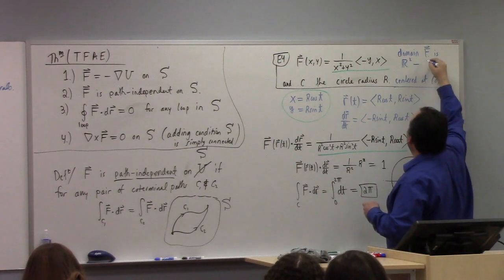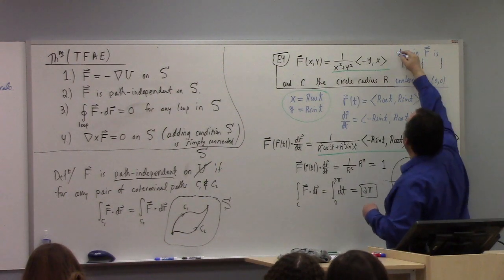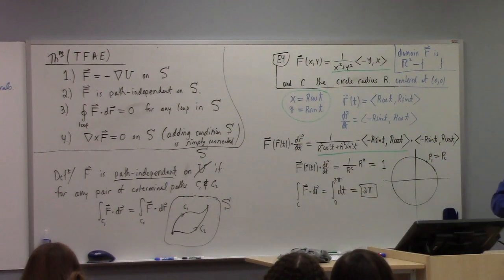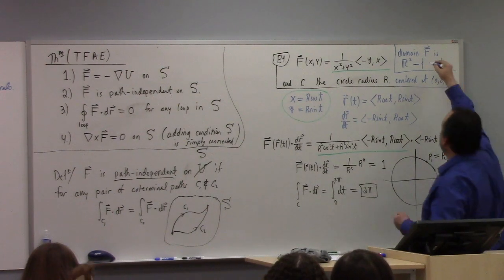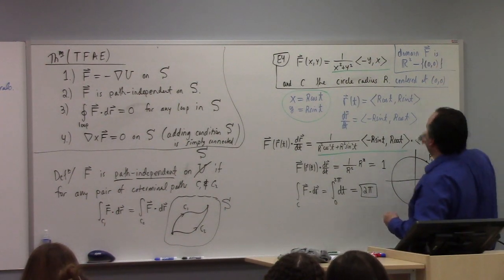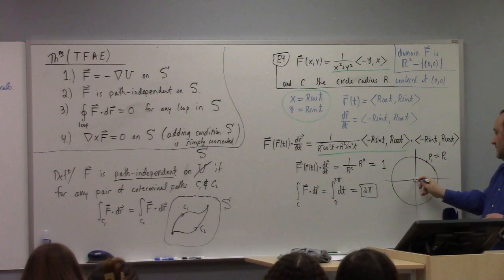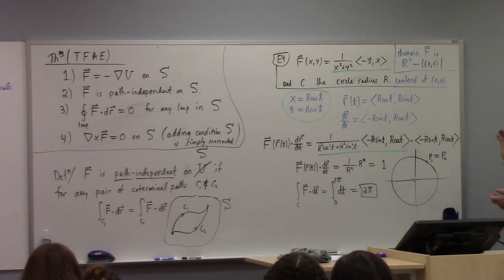But what do we have to take away? What's the one place that is not defined there? 0, right, the origin. If you delete the origin, the so-called punctured plane is an example of a set which is not simply connected.